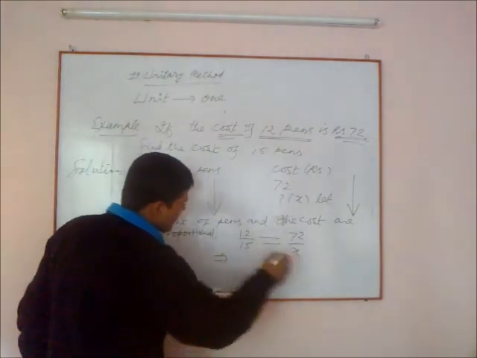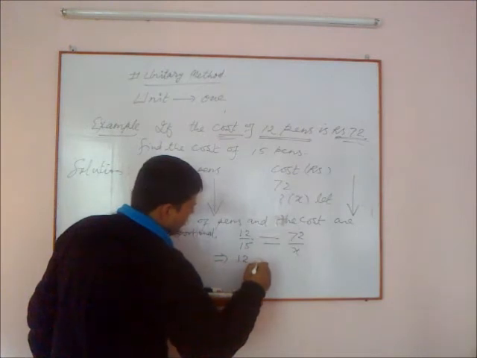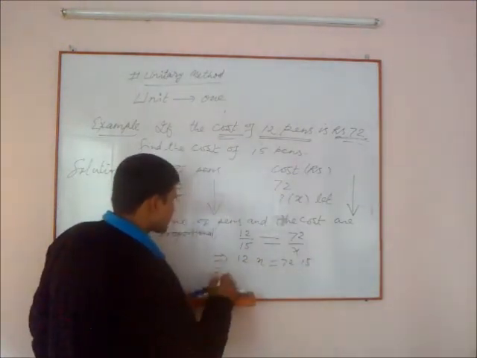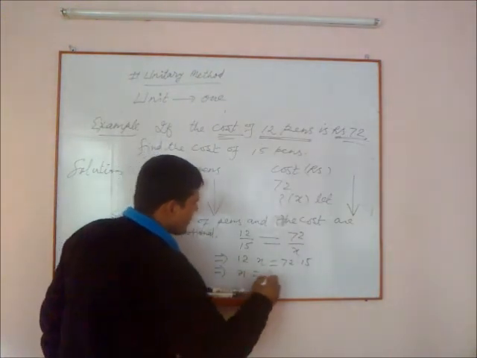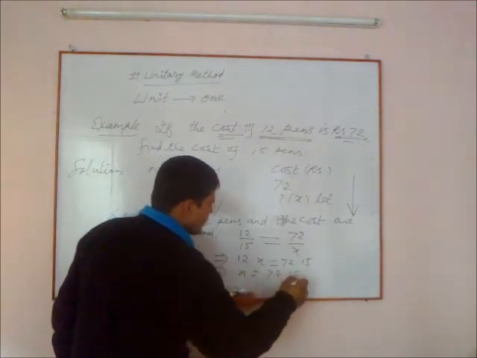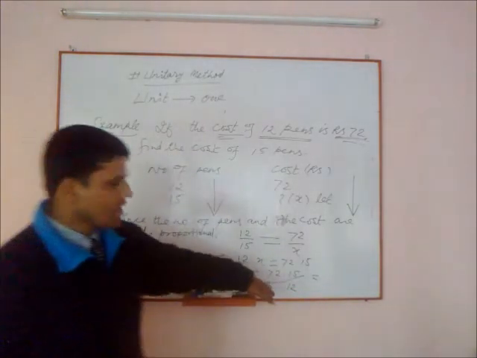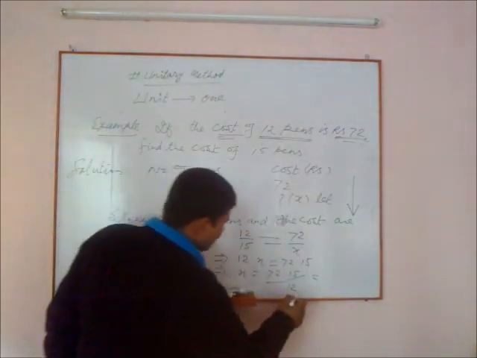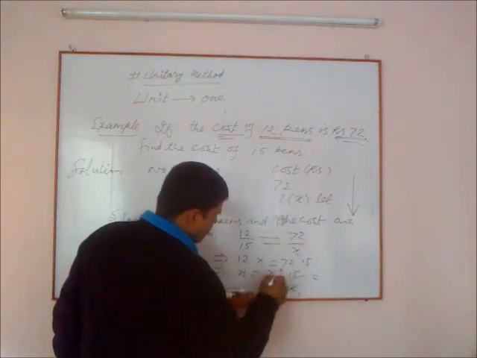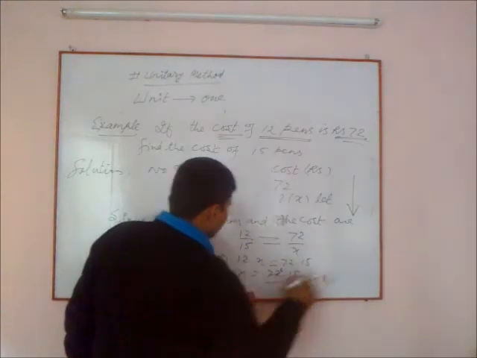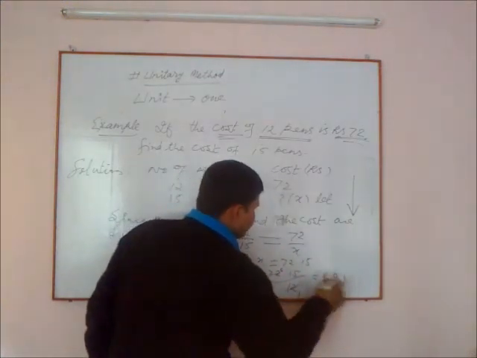It means 12 times x equals 72 times 15. This means x equals 72 times 15 divided by 12, and now we are getting the same as the previous one. 12 one times, 12 six times, then 15 times 6 is 90.